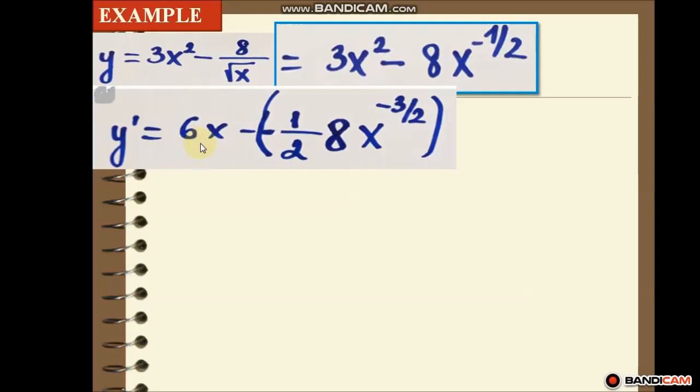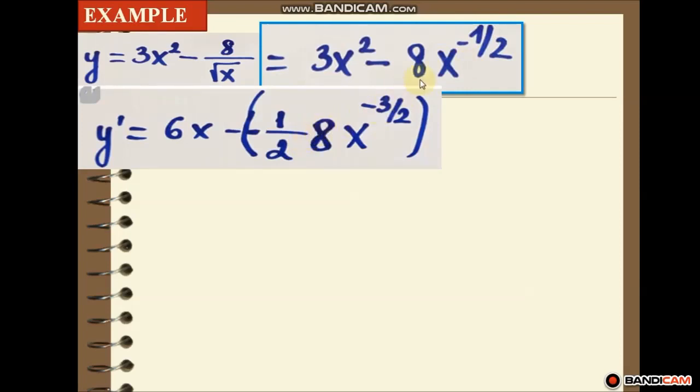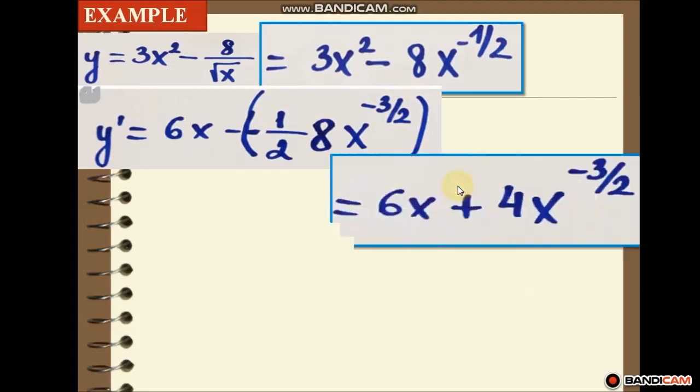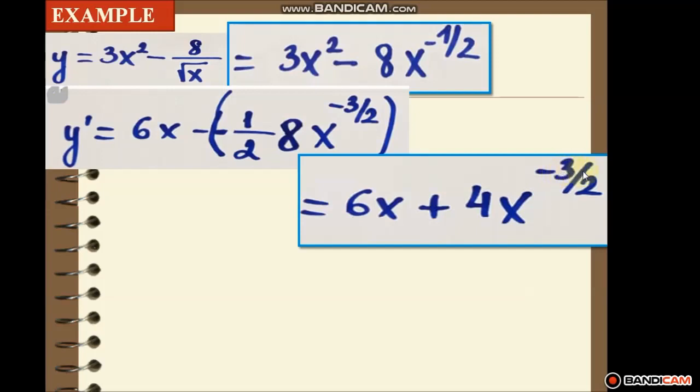The first derivative is equal to 6x minus 1 over 2, our power, multiplied by 8, and from the power of x we subtract 1. This will be minus 3 over 2. If we calculate this multiplication, minus times minus will be plus 4x to the power of minus 3 over 2.